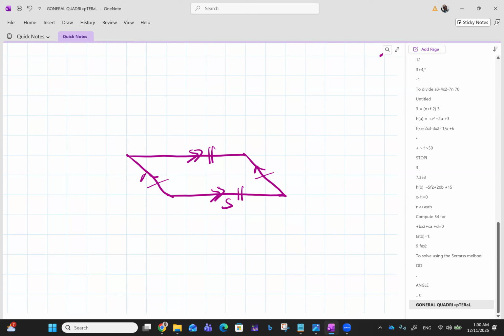So imagine that you now have this is S, and then you have the height. Okay, let's see what this is again.